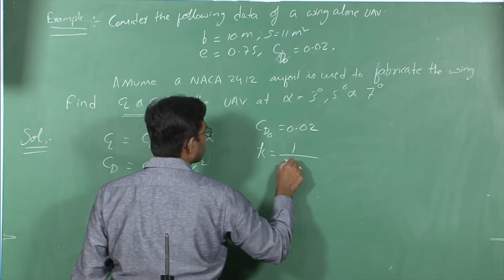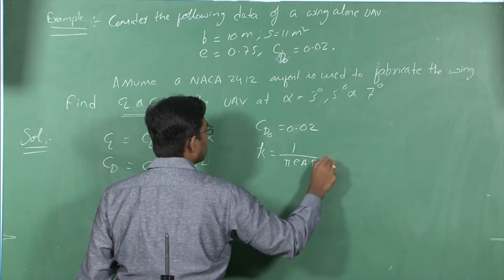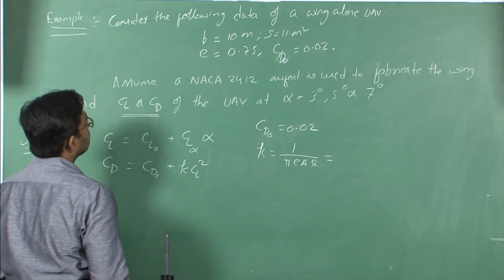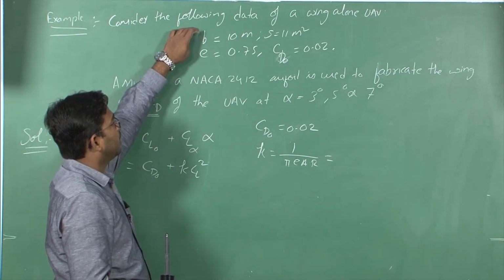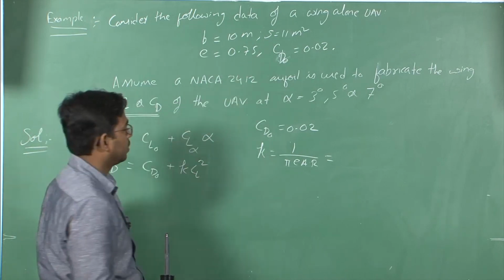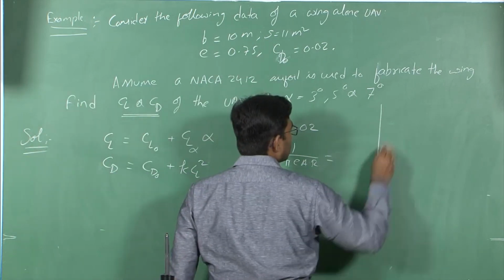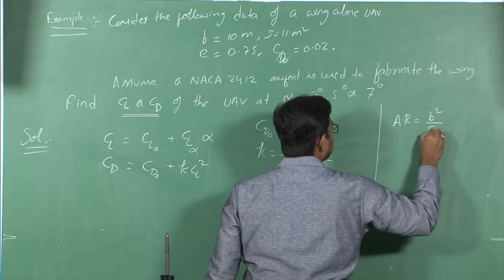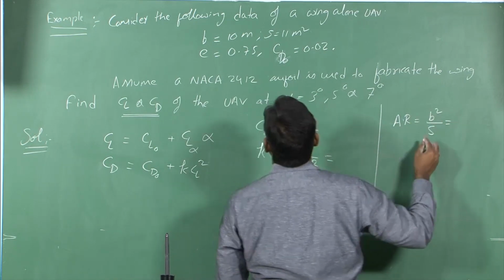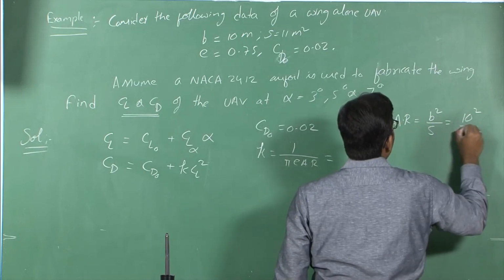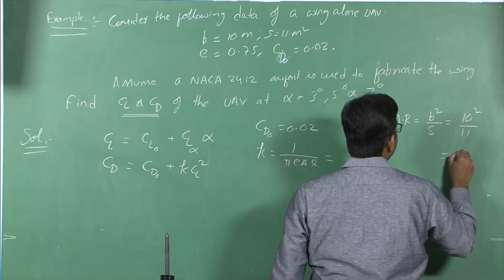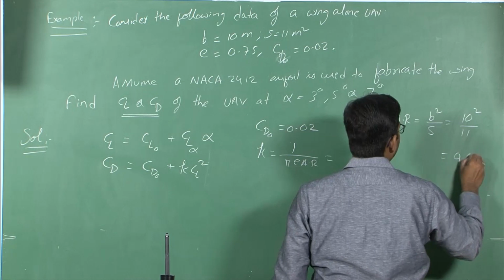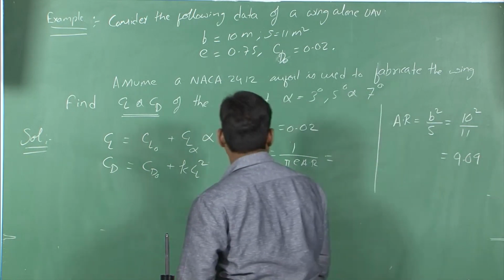Induced drag correction factor is 1 by pi E AR, right. We have span and platform area, so we need to find the corresponding aspect ratio. What is the aspect ratio here? AR is equal to b square by S, 10 square divided by 11, that is 9.09, right.